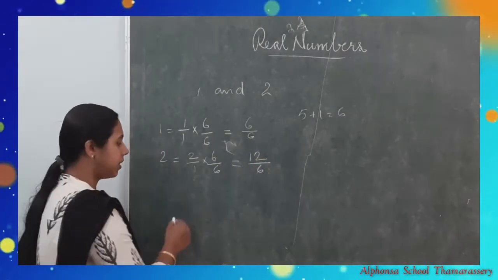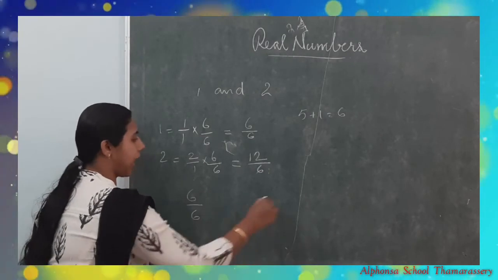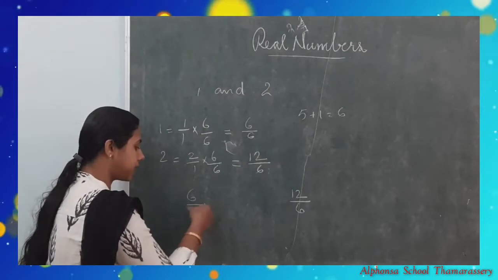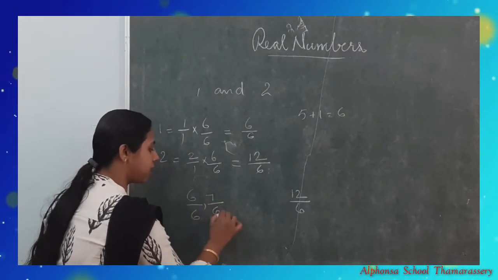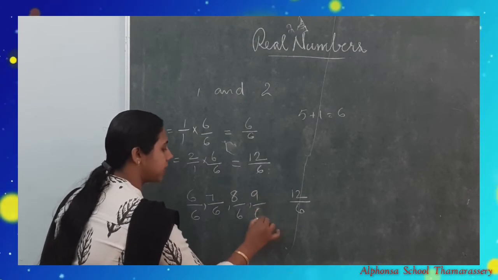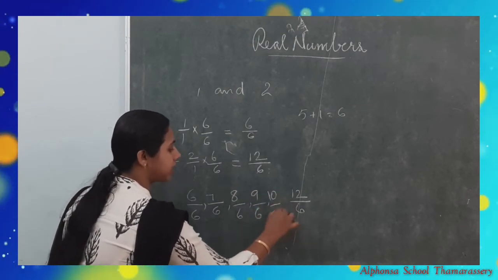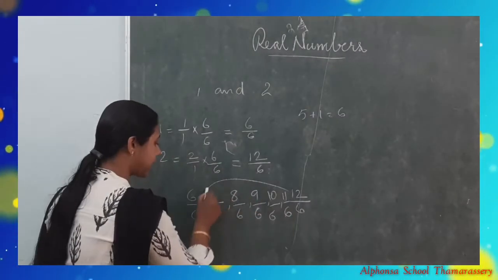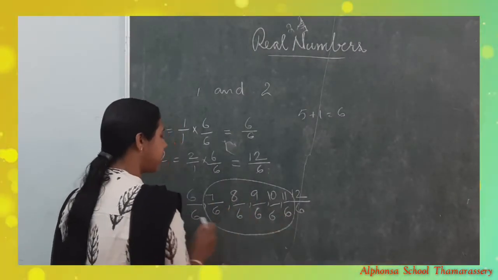Now you can see that between 6 by 6 and 12 by 6 there are a lot of numbers. See, after 6 by 6 there will be 7 by 6, 8 by 6, 9 by 6, 10 by 6 and 11 by 6. There are 5 rational numbers between these two numbers.